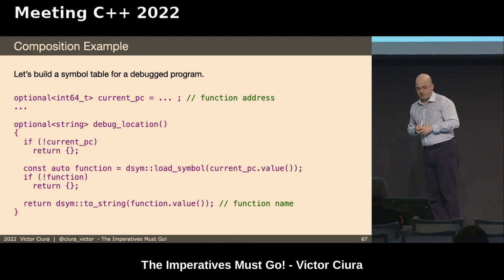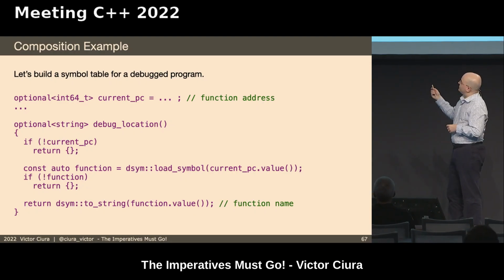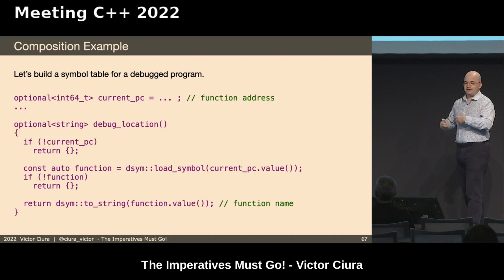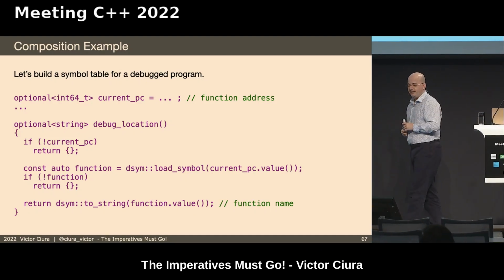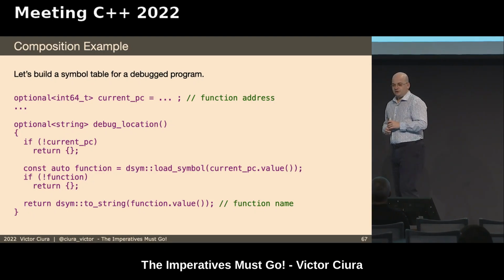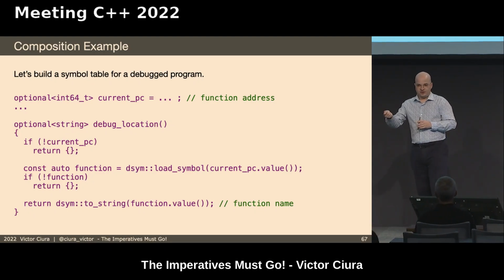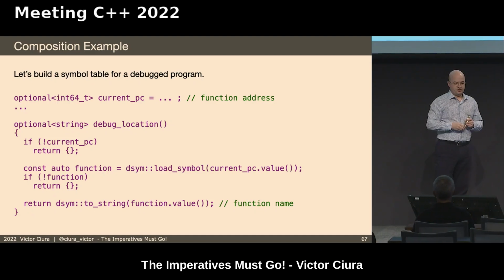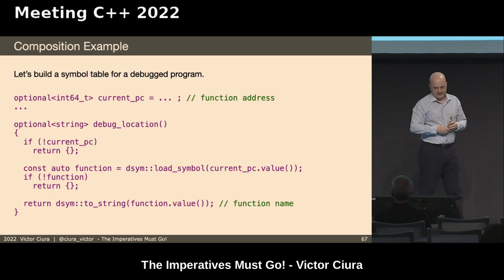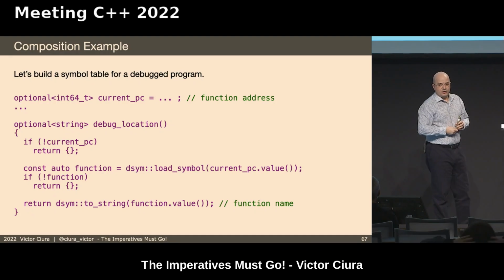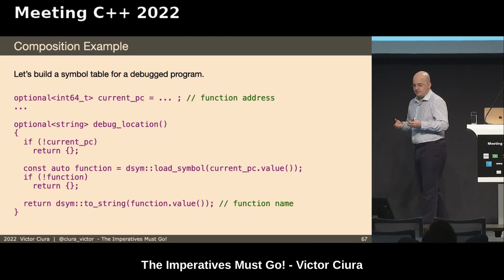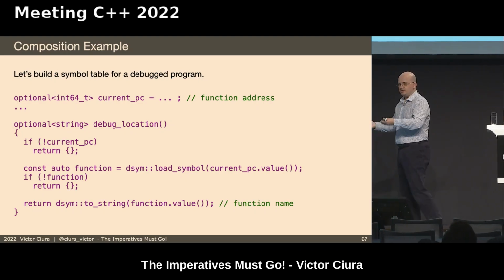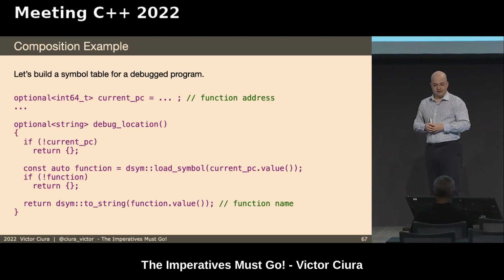Let's say we want to build a symbol table for a program we're debugging or something like that. And maybe we have an API that gives us an IP counter, a function address, the currently executing function, let's say in a debugger or something like that. And we want to get the debug location from this, which might be the function name where we stopped, where we're breaking the debugger.